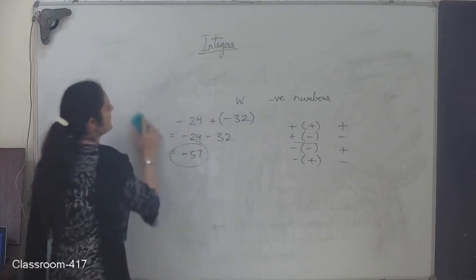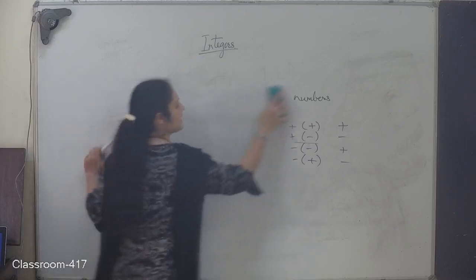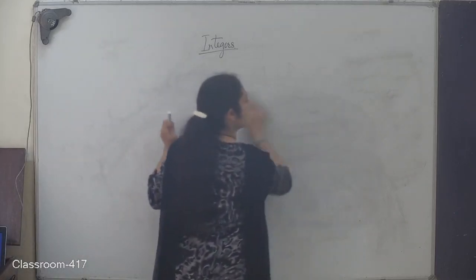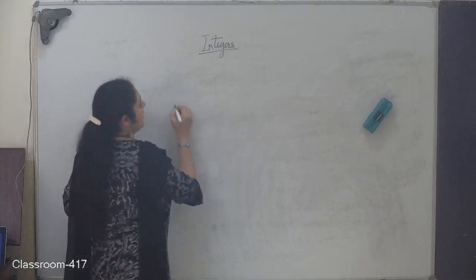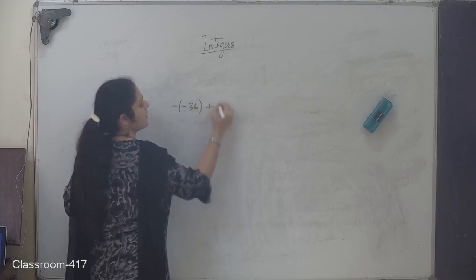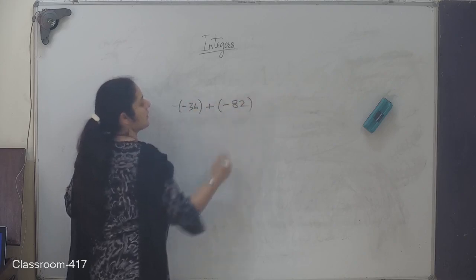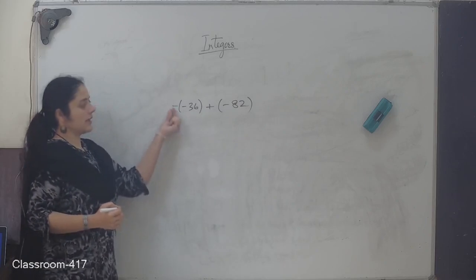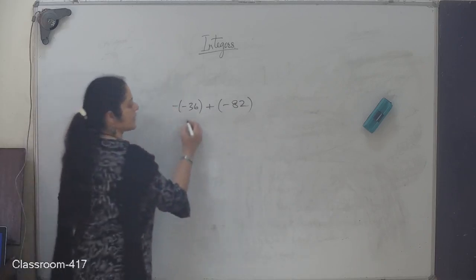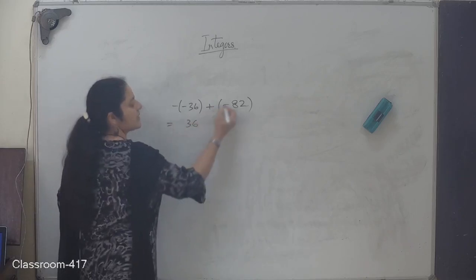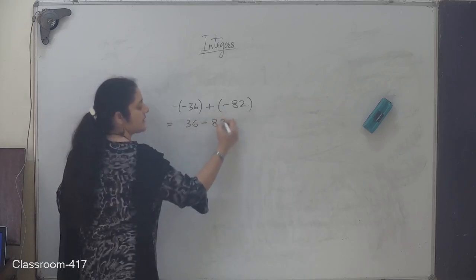And now in this we had some cases like, supposing I have a question. Now again pertaining to the same rules that I had seen, minus of minus becomes plus, so this becomes 36. Plus minus becomes minus, so this becomes 82.